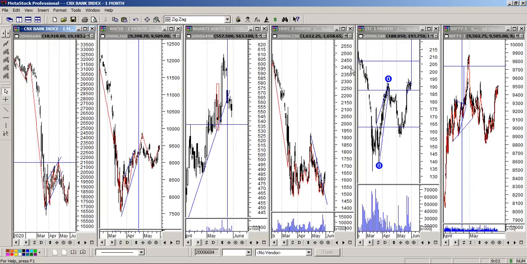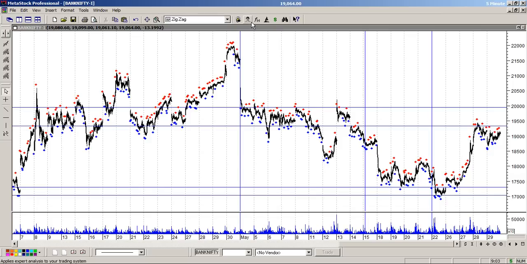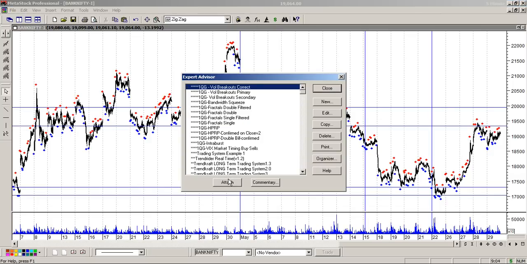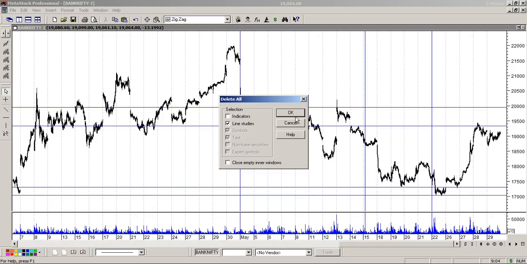If I go down to a real time chart, let us go to Bank Nifty real time. And let us just, what have I drawn here anyway? Something which I was probably trading. So no, let us skip this.